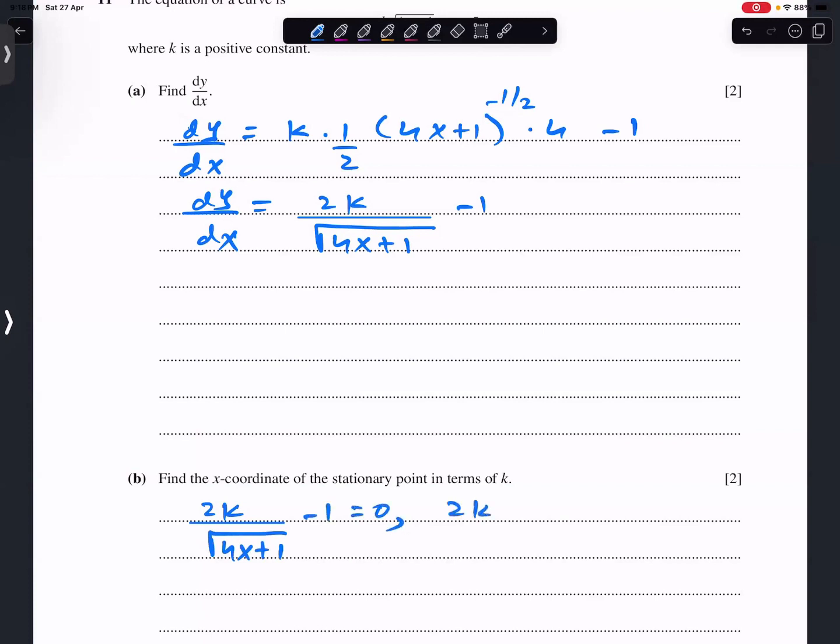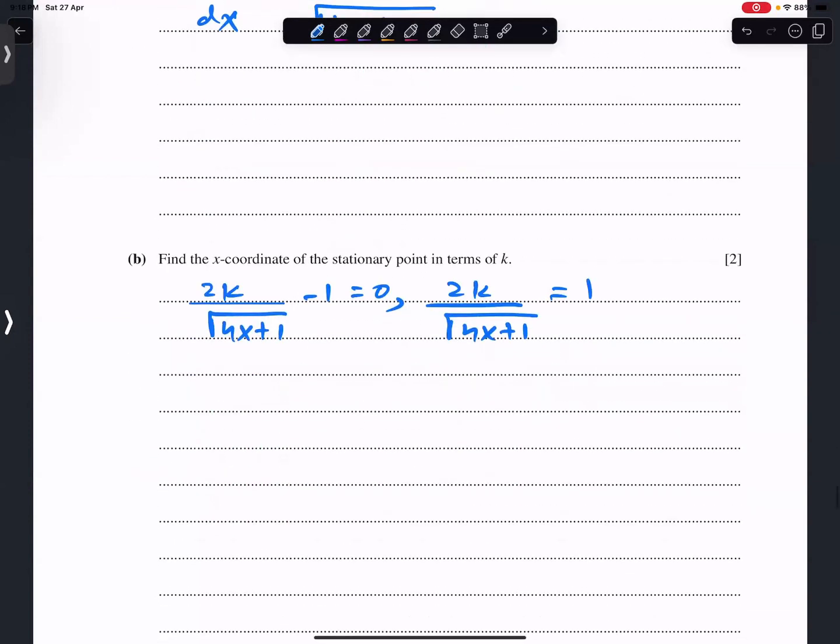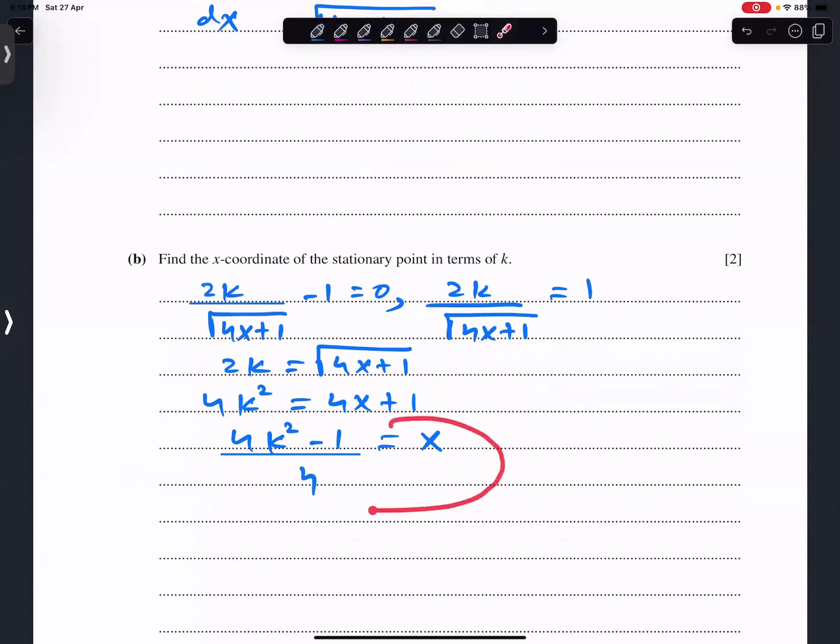So 2k over root 4x plus 1 is equal to 1. Make x the subject. So 2k is equal to root 4x plus 1. 4k square is equal to 4x plus 1. 4k square minus 1 over 4 is equal to x. So this is my x coordinate of the stationary point in terms of k.